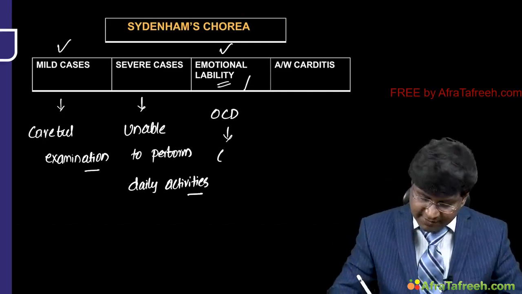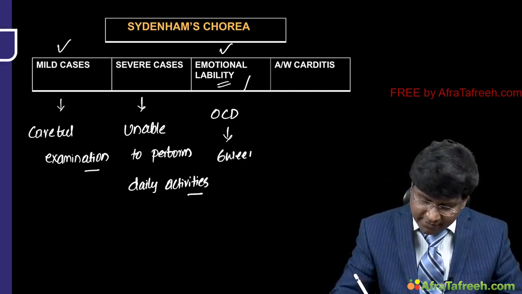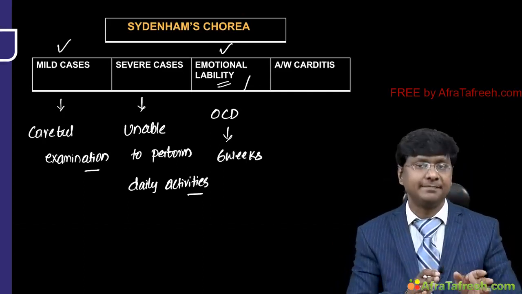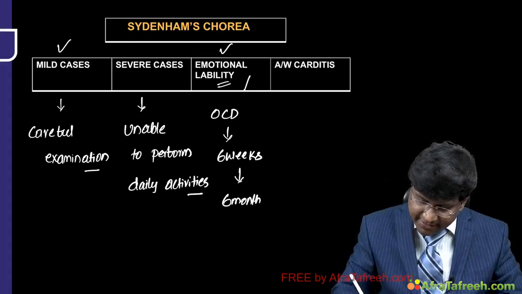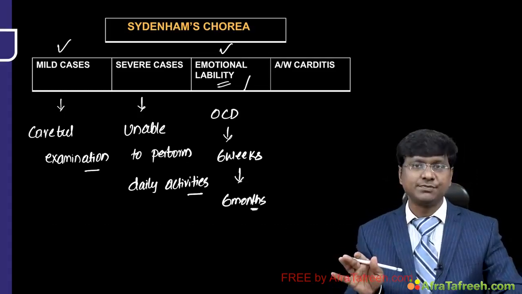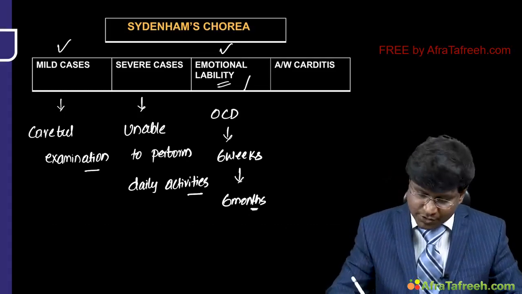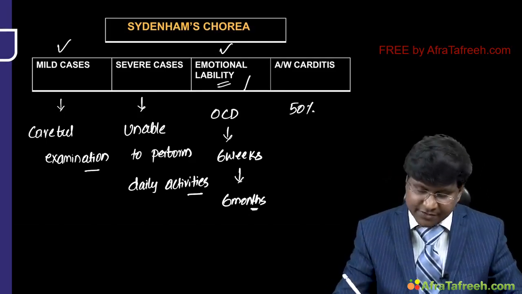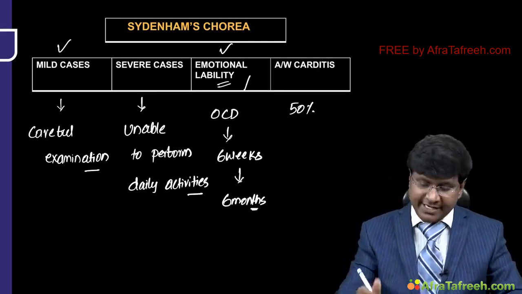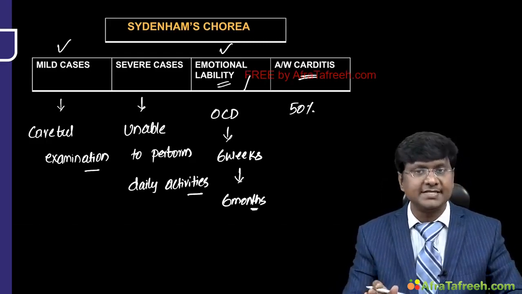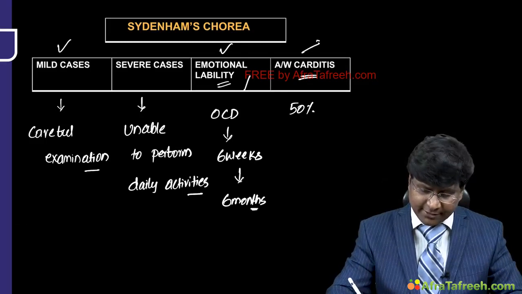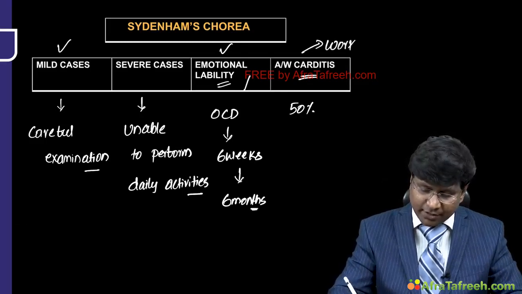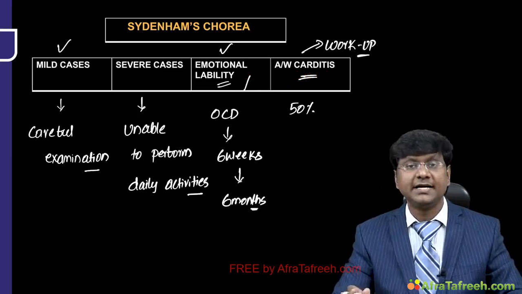Okay, so this may resolve within 6 weeks, but sometimes the choreiform movements and emotional lability can be there even for up to 6 months. And almost 50% of patients with Sydenham's chorea are associated with carditis. So that is the reason why all these patients have to undergo workup for carditis.